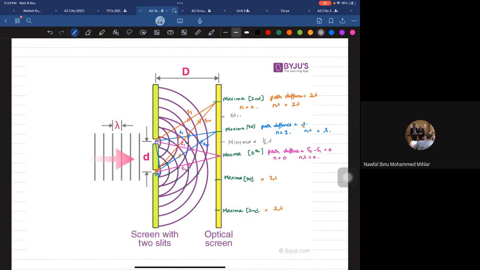The next minima is going to be equal to 1.5 lambda. The next minima would have been 2.5 lambda, like that. Get it? Yes. And identically, we will also see the same pattern on the other side as well.